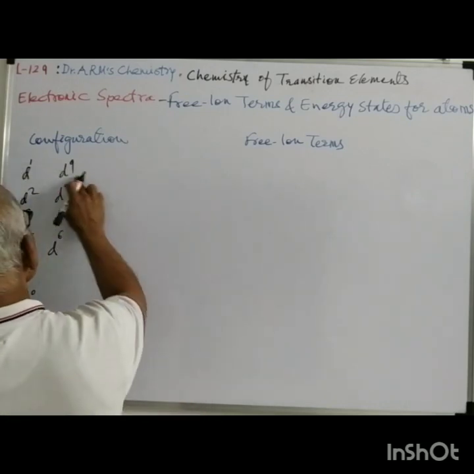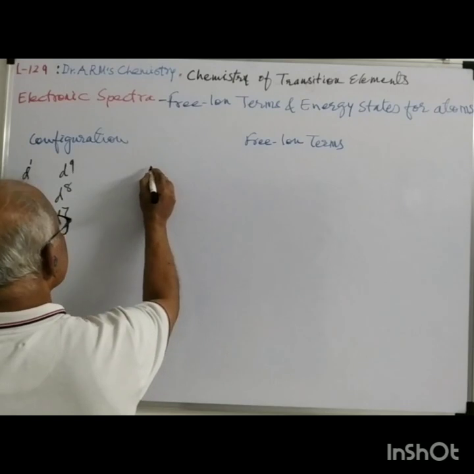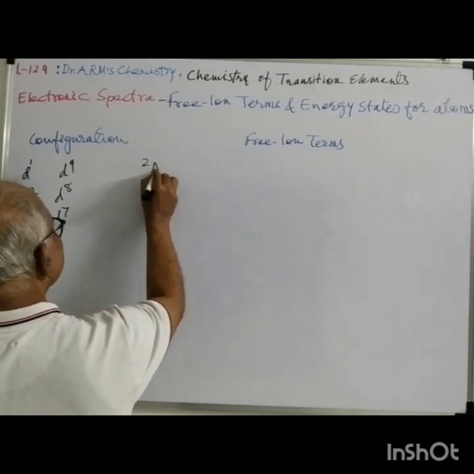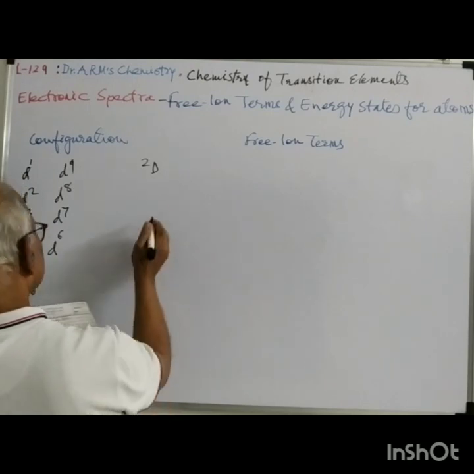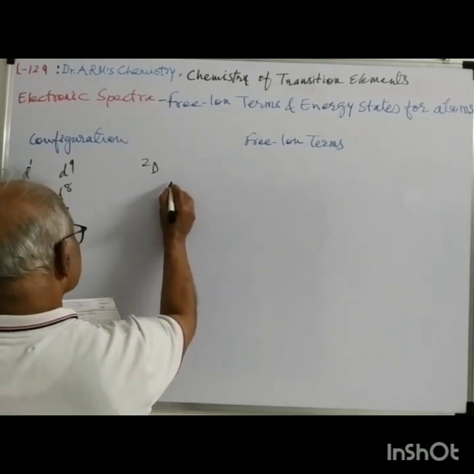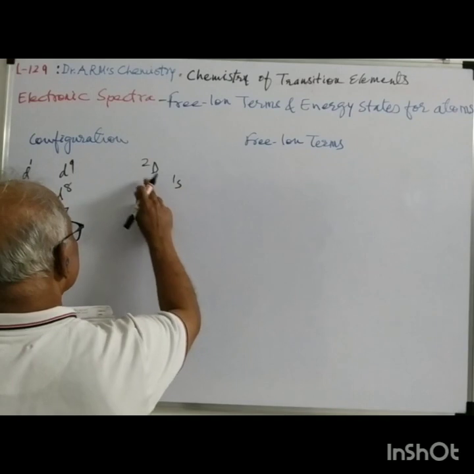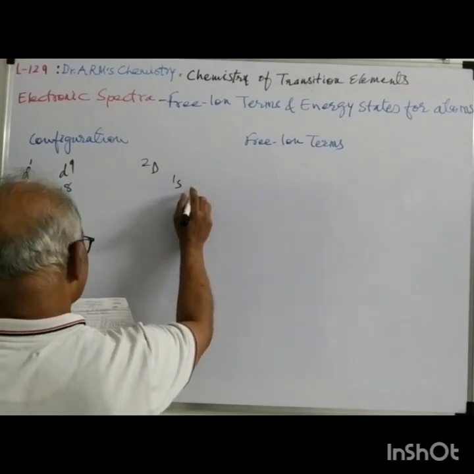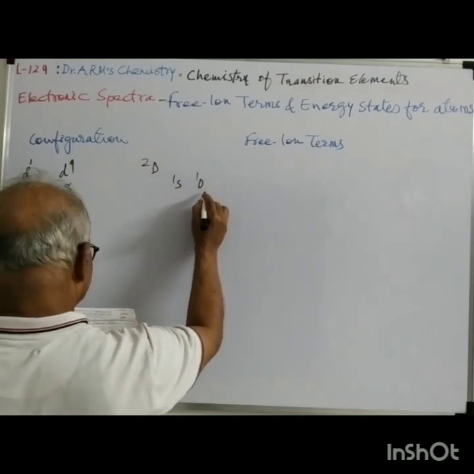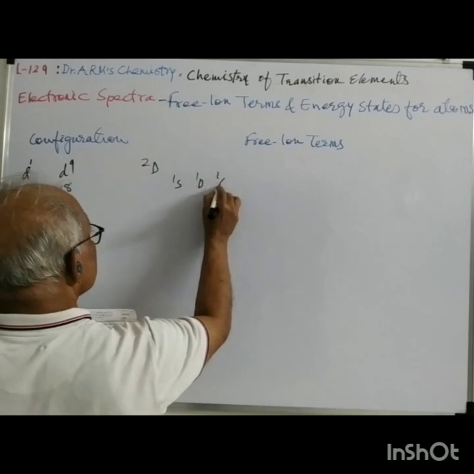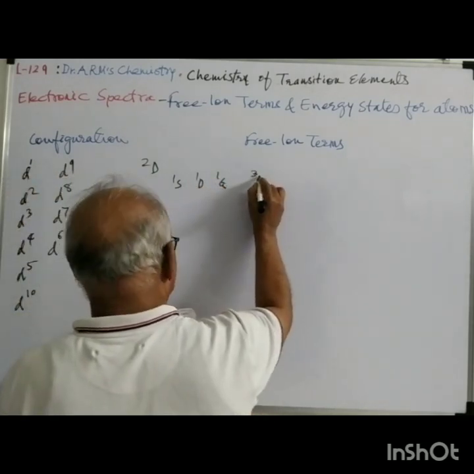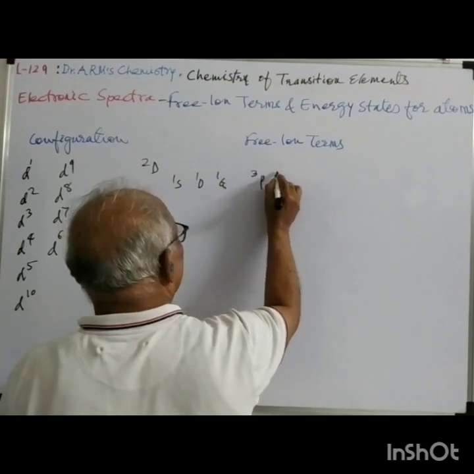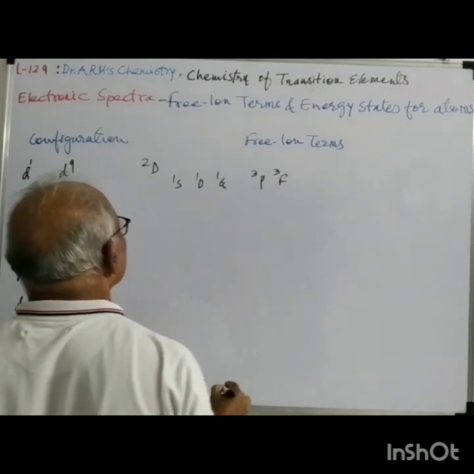So for d1 and d9 we have the free ion term 2D. Then for d2 and d8 we have singlet S, singlet D, singlet G, then triplet P and triplet F.